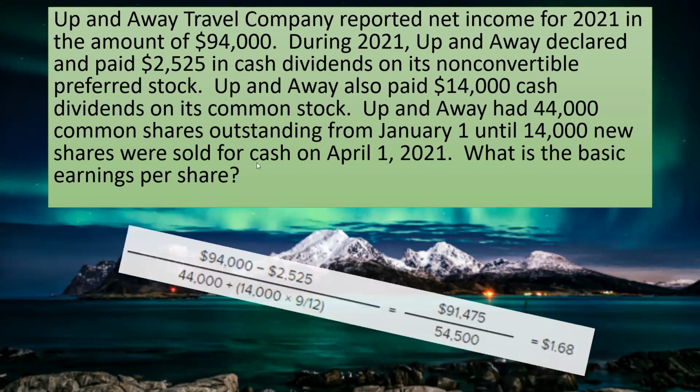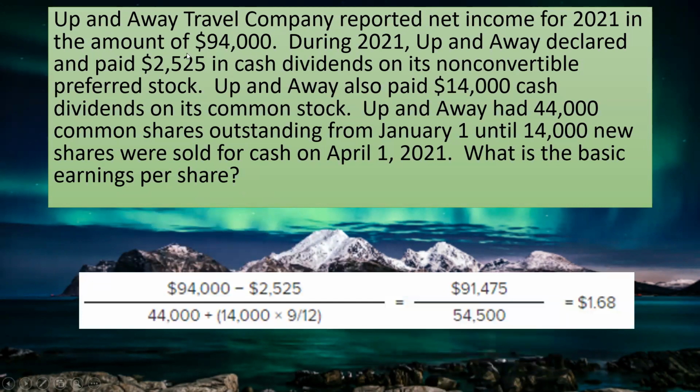Well, in this case, we have to take the income minus the amount that the preferred shareholders get. We don't need to do anything with this 14,000 for the common stock. All we care about is the income minus anything that the common shareholders don't have any right to, which is what the preferred shareholders have.